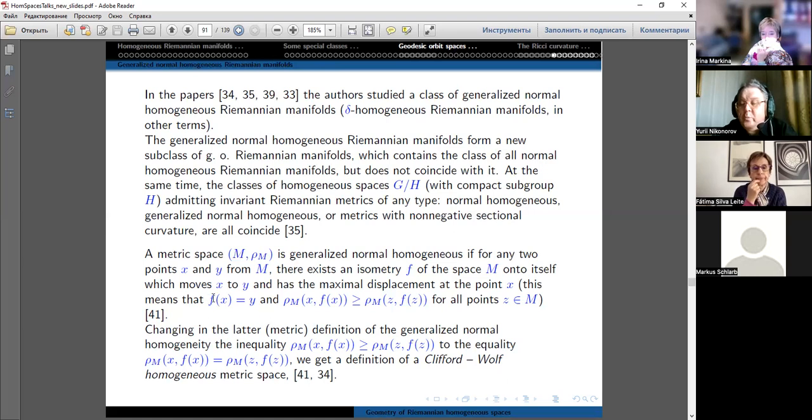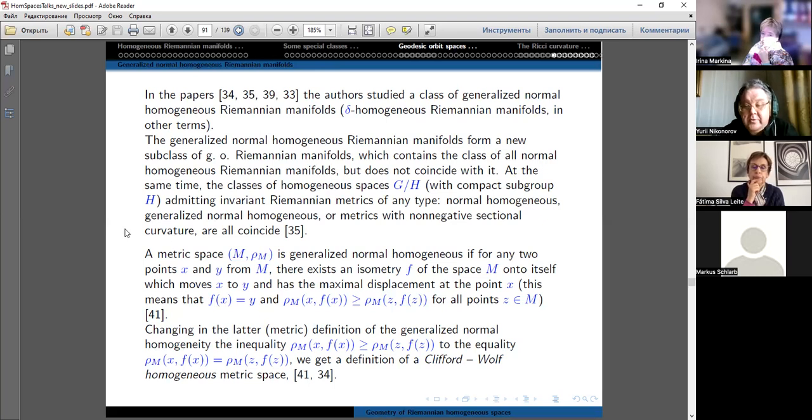It is an isometry which moves x to y, and which moves every point the same distance. It's not so easy to consider in the compact case, but the Euclidean plane is a very good example, because we have parallel translation.